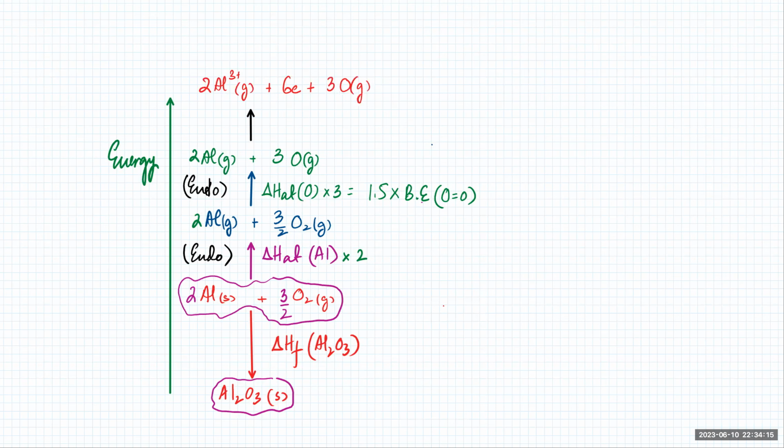So how many ionization energies is this? This is the first plus second plus third ionization energy of Al, and that too getting multiplied by 2. Why? Because you've got 2 Als, right? Is this clear?